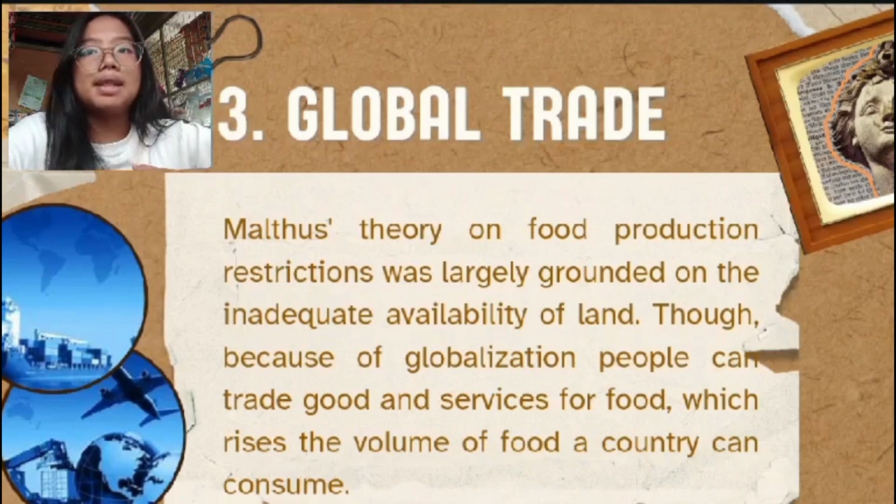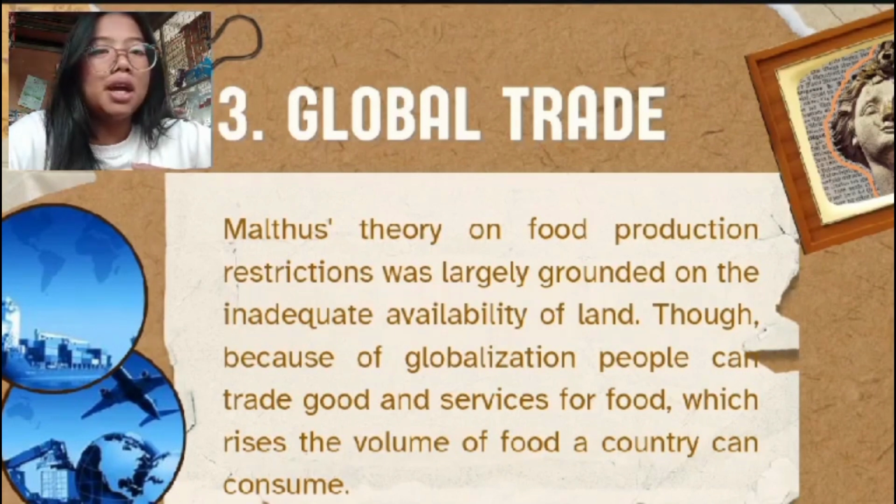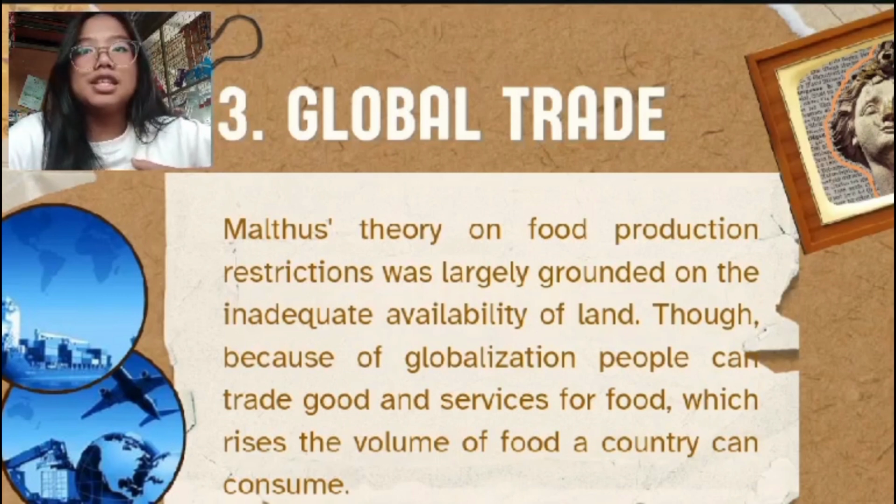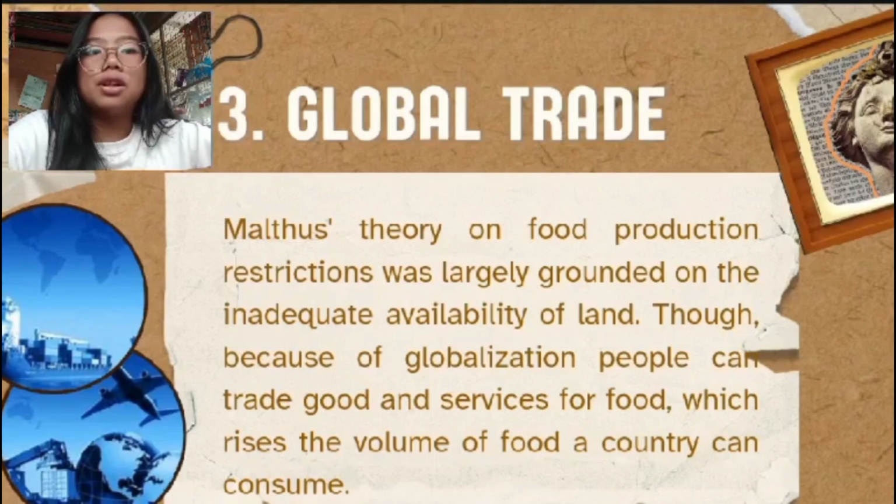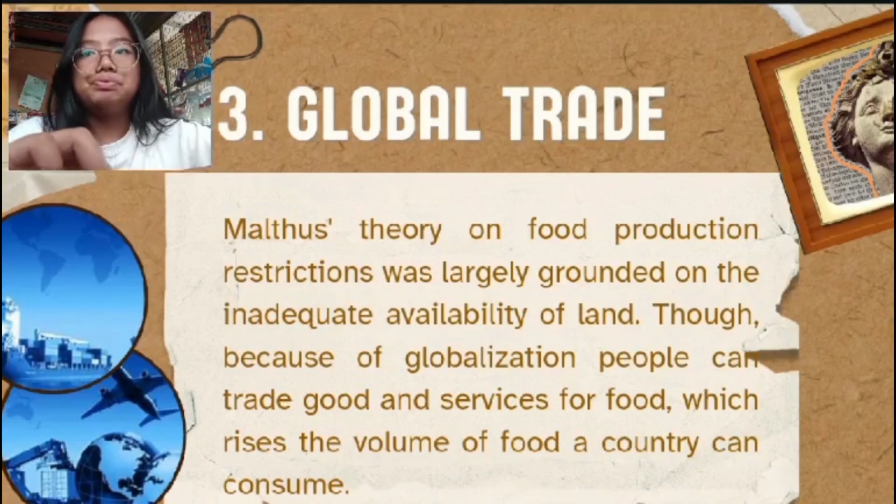Because land is limited, Malthus assumed that food production could not grow beyond an arithmetic rate. But thanks to globalization, we can now trade goods and services for food. This results in a rise in the amount of food that a country can consume.